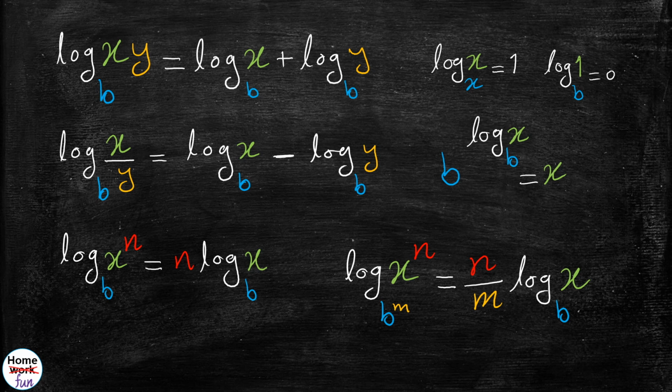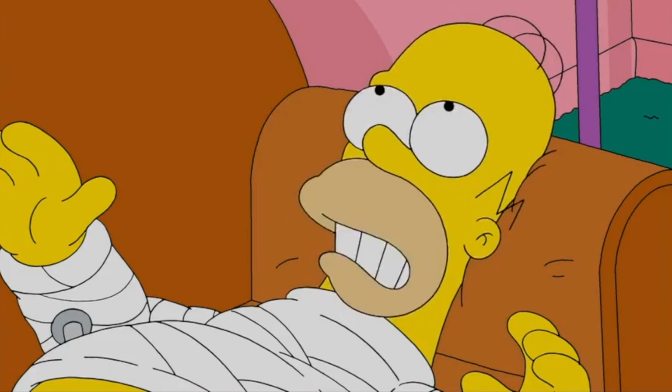Let's see some more rules. Nothing more fun than rules. So we have two logs multiplied by each other. Log of x with a base b multiplied by log of b with a base y.